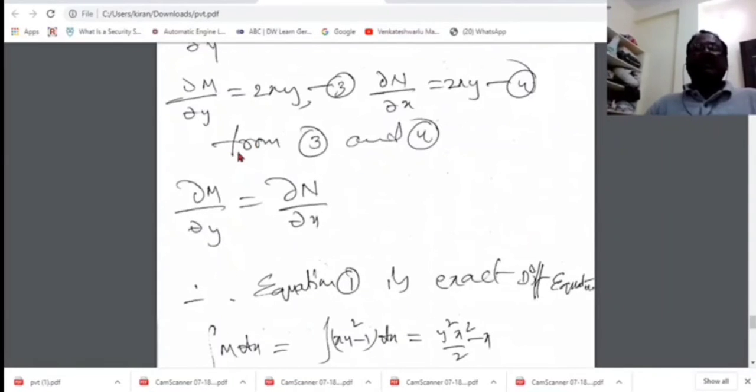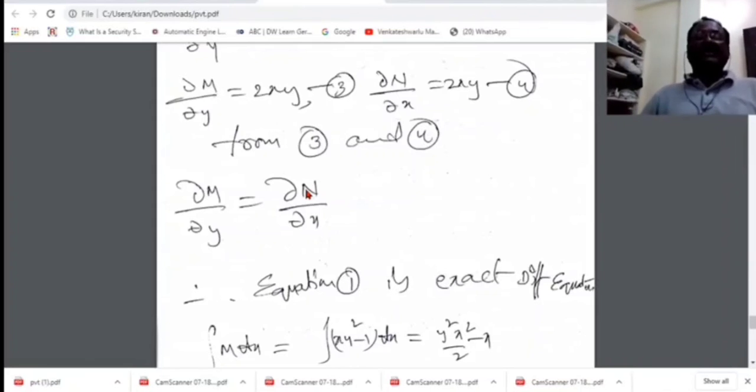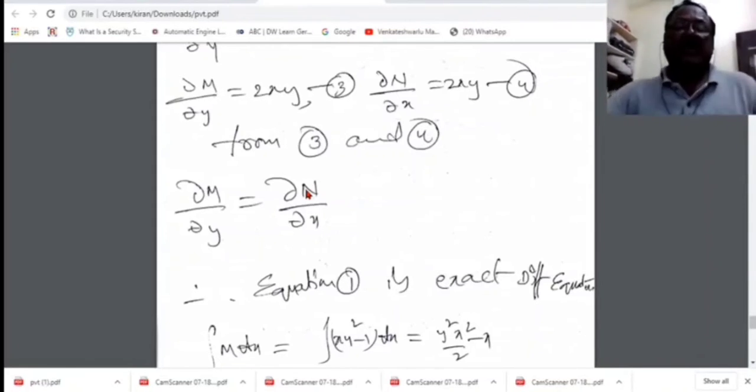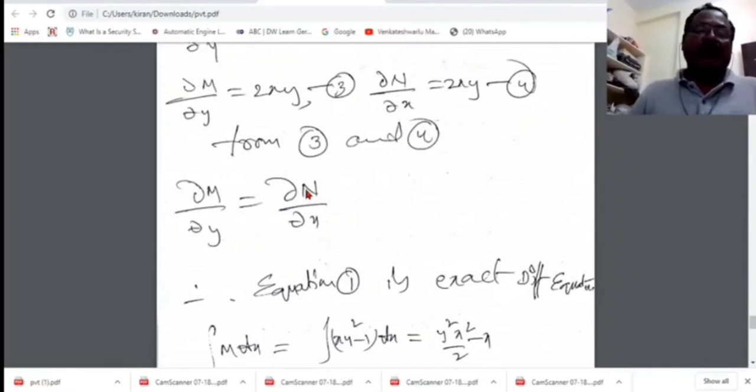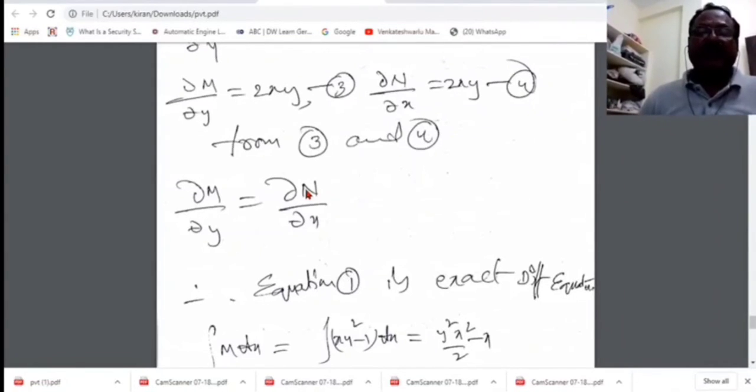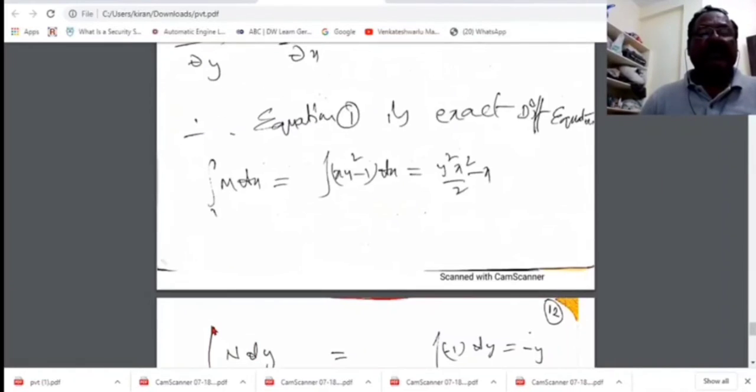Now from equation number 3 and 4, we have ∂M/∂y is equal to ∂N/∂x. Now our given equation is an exact differential equation. Every exact differential equation can be solved this way. Step number one is the integration of M dx.